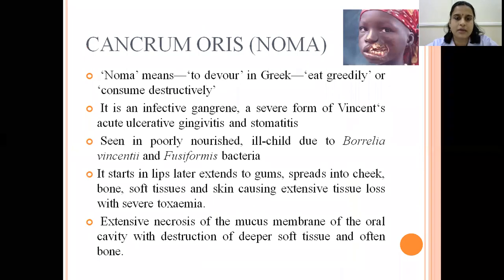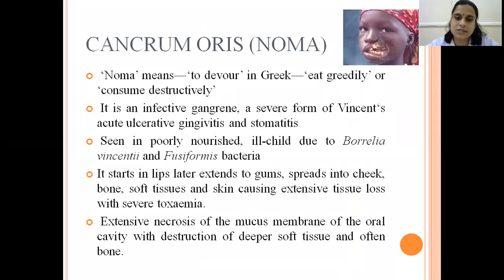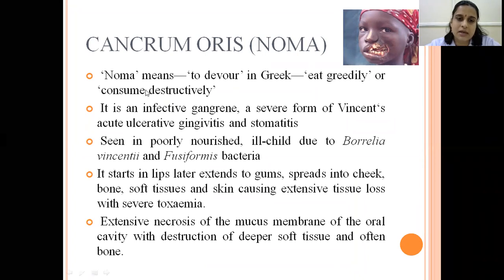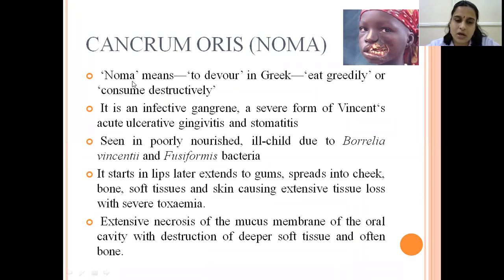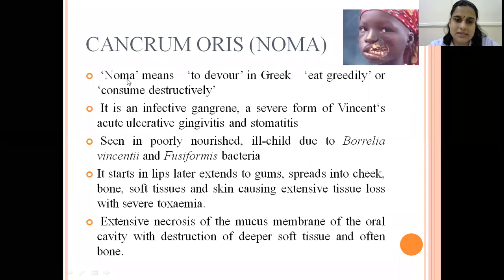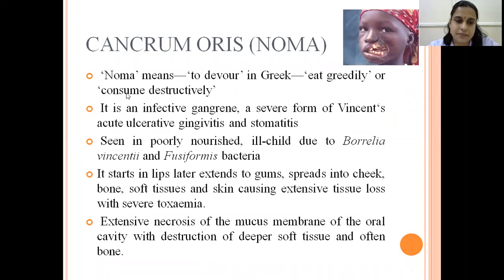Again, an important topic, cancrum oris, also called noma. It is called noma because noma means to devour, to eat greedily, in Greek. There is extensive destruction. It is an infective gangrene, a severe form of Vincent's acute ulcerative gingivitis.